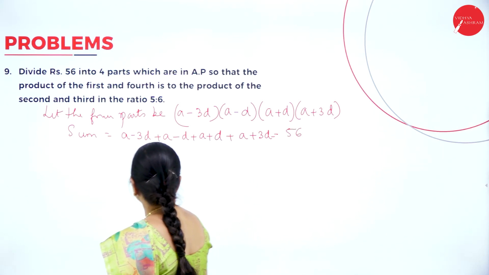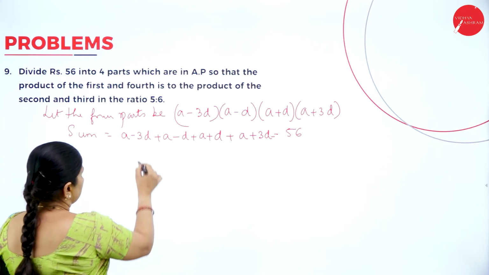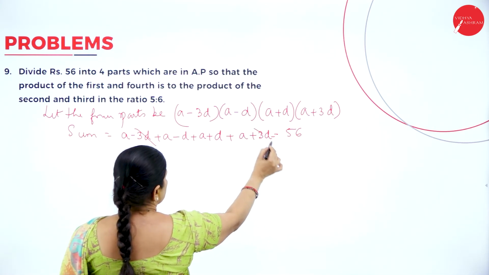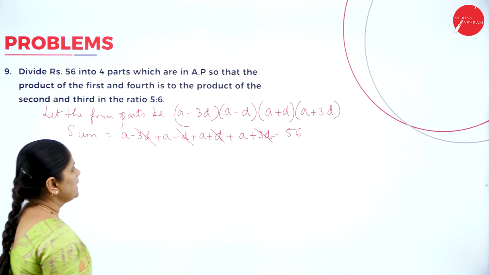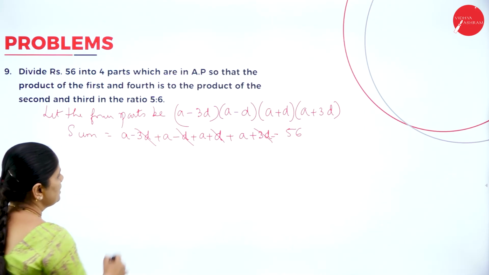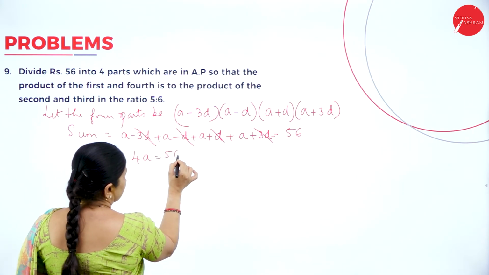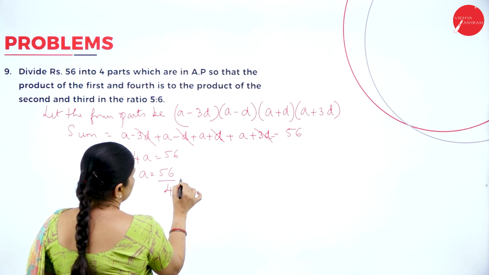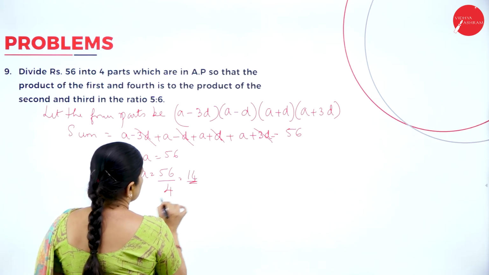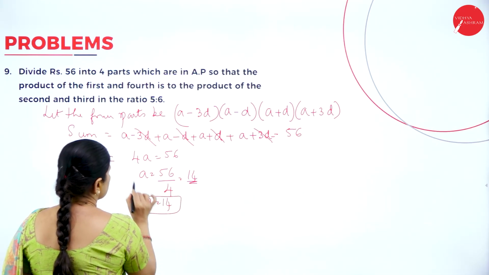Minus 3D plus 3D gets cancelled, minus D plus D gets cancelled. So, I will get 4A equals 56, A equals 56 by 4, 14. So, A equals 14 is the answer.